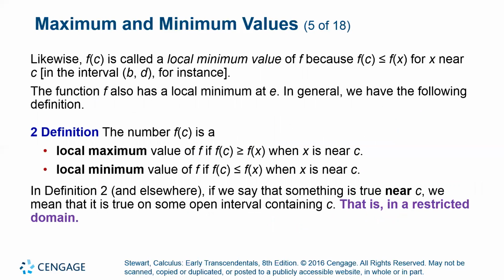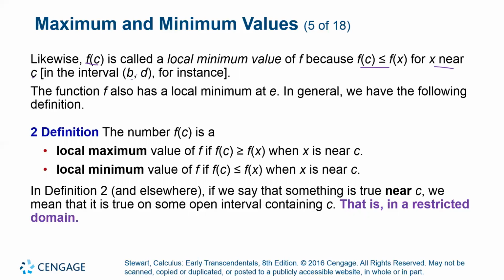In that domain, there are also local minimum values. So f of c is called the local minimum because it is the lowest point for x near c, in the interval.